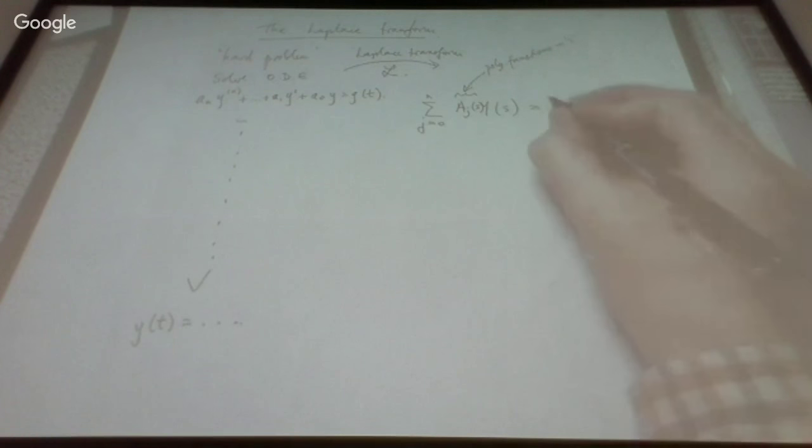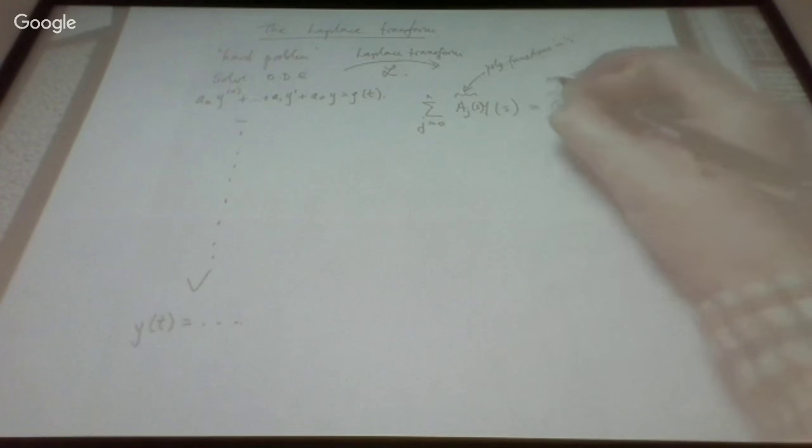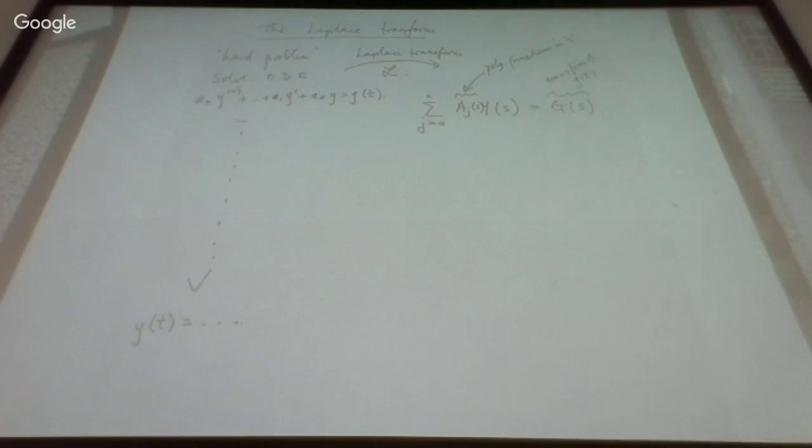This G function here is the transform of G of T. So the transform takes a function in the time variable T, and it gives you a function in the new variable S. We'll explain that when we look at this example.